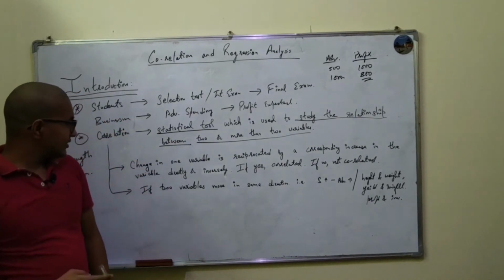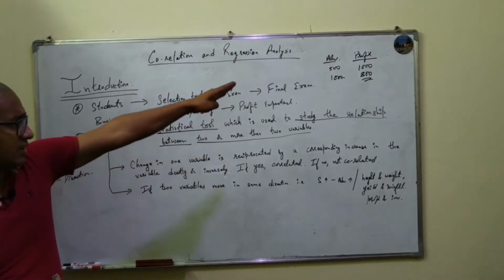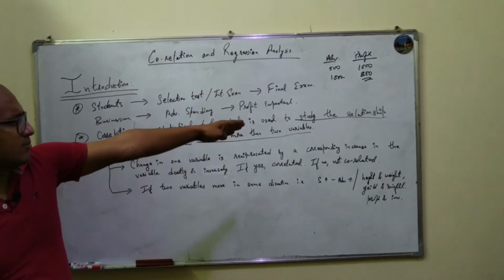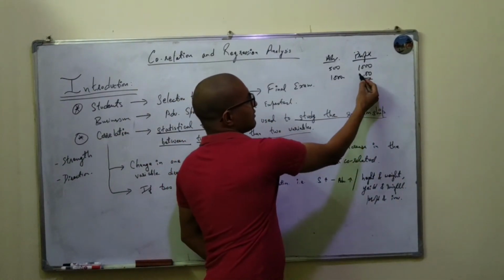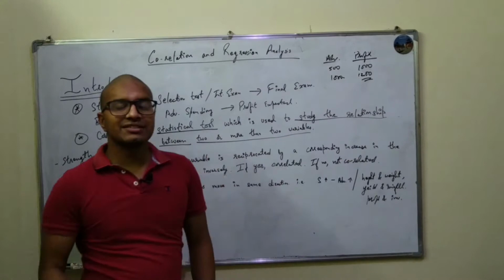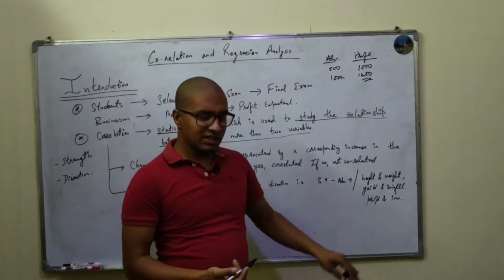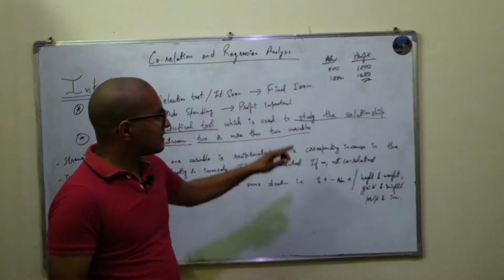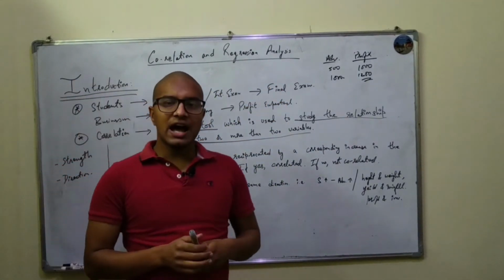And then the next thing is that if two variables move in the same direction, just as I have said, if the profit goes up to 1200, then this is positively correlated. Okay, so examples could be your sales going up as a result of advertising spending, or your height and weight.